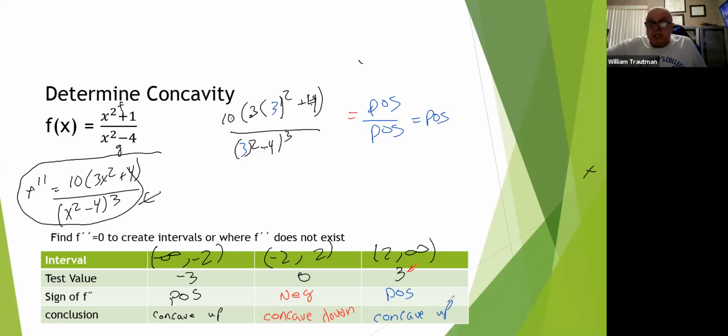And I want to put this one in my calculator just to show you once again. Give me a second. Parentheses, x squared plus 1, close parentheses, divided by, parentheses, x squared minus 4, close parentheses, and graph it.